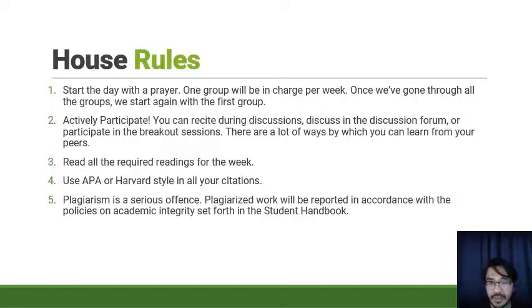I need you guys to make sure that all the work that you're submitting to me is your own, is original, and is in accordance with the policies on academic integrity, right? What that essentially means for me, and a good barometer of that, is that any of your papers needs to be below 30% similarity when you submit it through Turnitin.